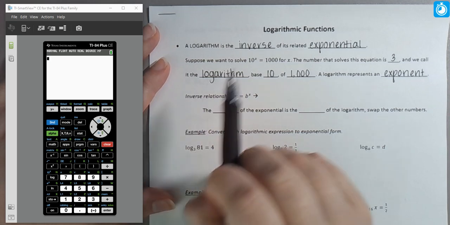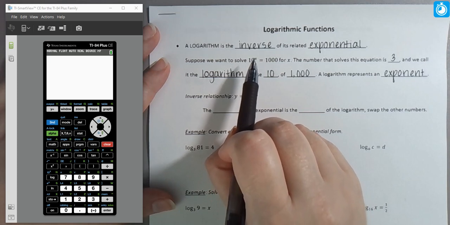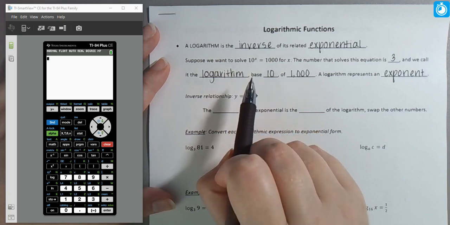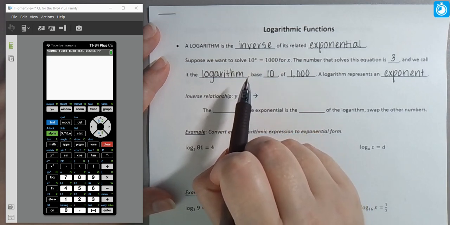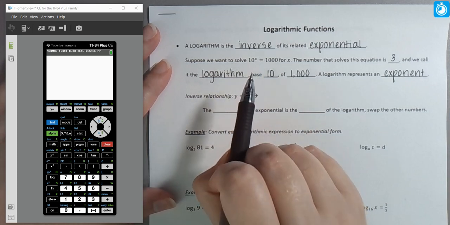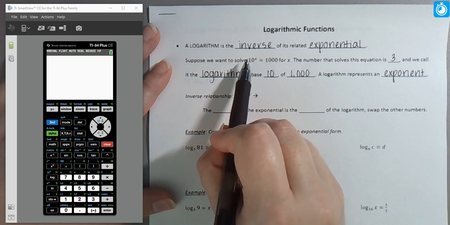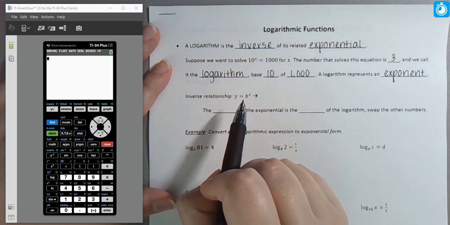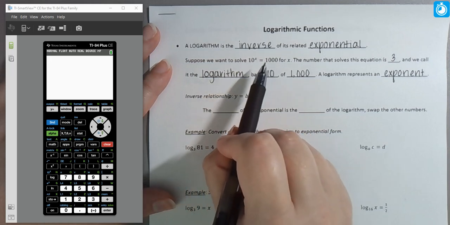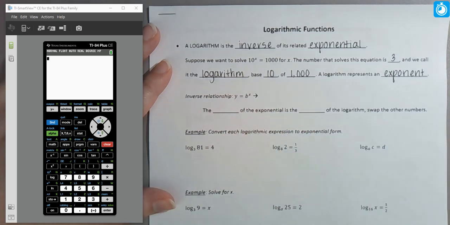But if we allow the base to be a fixed number and the exponent is variable, then when we solve for that exponent, it's referred to as a logarithm base 10, based on the base of this exponential, of the number that we're trying to equate to.